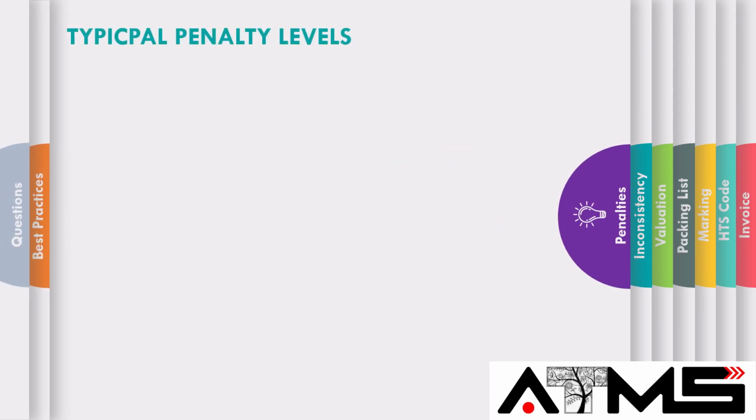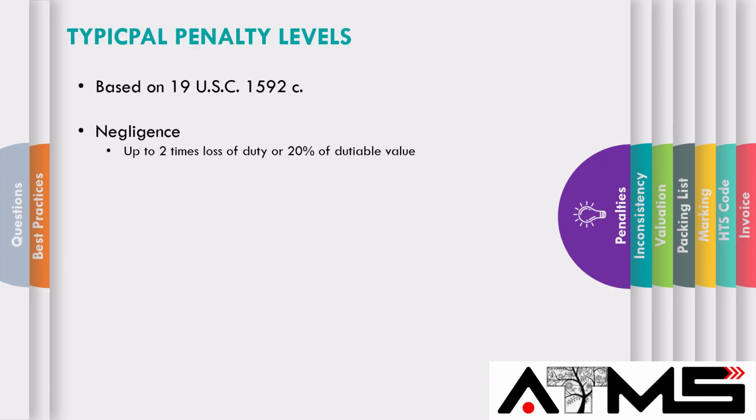Let's briefly review potential penalties due to import document mistakes. Penalties are generally categorized into three levels, based on 19 USC 1592(c). First one is negligence, which is a simple, unintentional mistake due to human error.